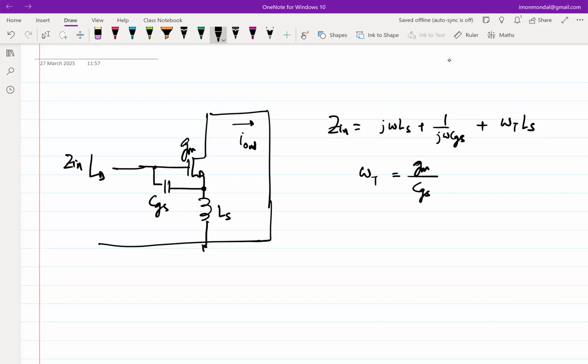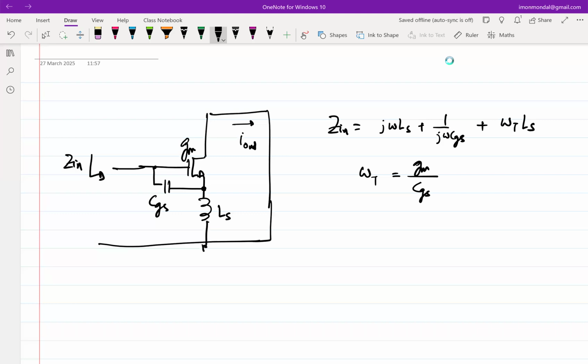So then we said that, okay, it looks like we have a real term, but we also have these imaginary terms. But if we can resonate out the inductor and the capacitor at a certain frequency, then we are good, right?